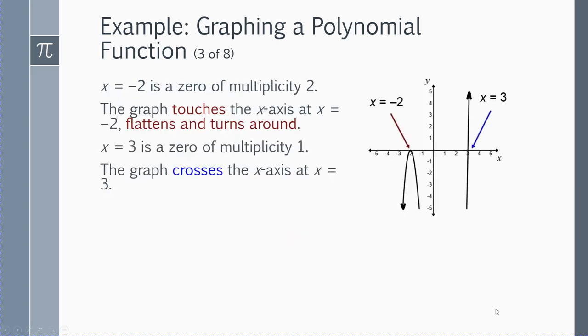When you have a multiplicity of 2, x is equal to negative 2 is a 0 of multiplicity 2. So what that means is the graph is going to touch the x-axis at x equals negative 2, flatten and turn around. Okay, so I'm going to show you what's going on here, instead of just talking about it, on the graph here.